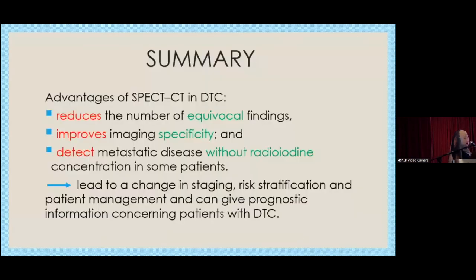So in summary, the advantage of SPECT-CT in DTC is to reduce the number of equivocal findings. It improves the imaging specificity, and it is able to detect metastatic disease without radioiodine concentration in some patients. And this leads to a change in staging, risk stratification, and patient management, and it can give prognostic information concerning patients with DTC.